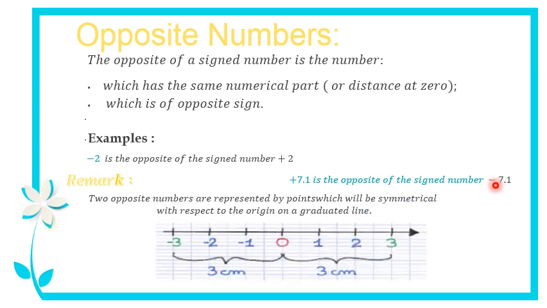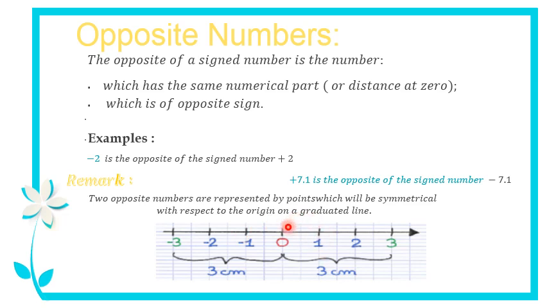Take into consideration that two opposite numbers are represented by points which are symmetrical with respect to the origin on a graduated line. What does that mean? Here, -1 is opposite to +1.